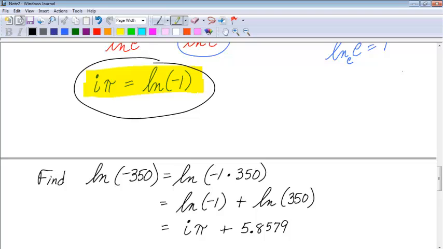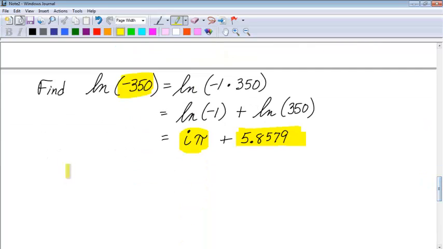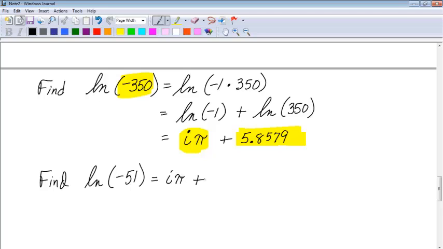Now, you don't have to write all the steps down every time. If it's a natural log of a negative number, it's always going to be i pi plus the natural log of the positive number. So if I said, as an example, find the natural log of -51, my answer is going to be i pi plus the natural log of 51, and I get 3.9318.